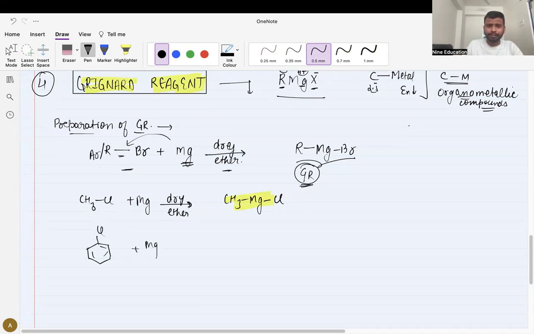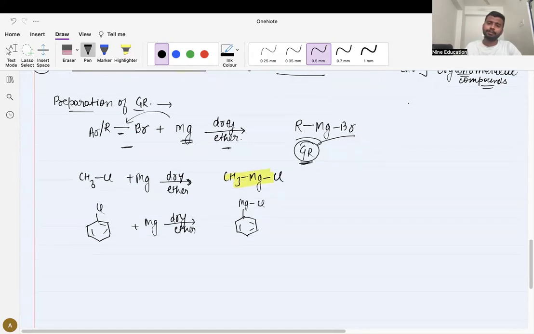How to make the Grignard of chlorobenzene? Put magnesium in dry ether. So magnesium will come between carbon and chlorine. You will get benzene, then you will get MgCl in between carbon and chlorine. Then you should know that carbon is negative, magnesium is positive, है ना.